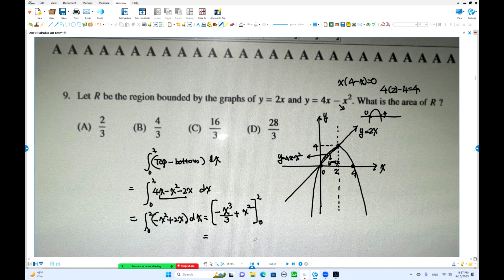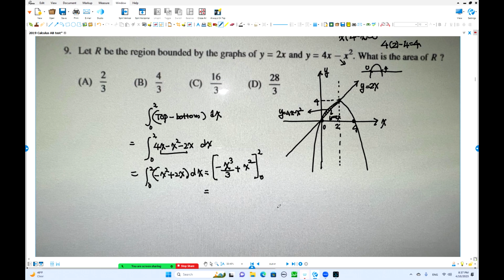Put x is 2: negative 2 cubed is 8 over 3, plus 2 squared is 4, and minus, put 0 in for x, both will be 0.